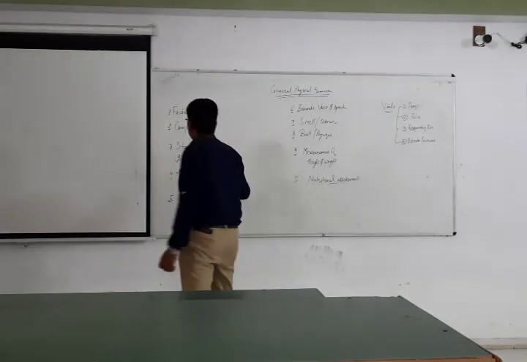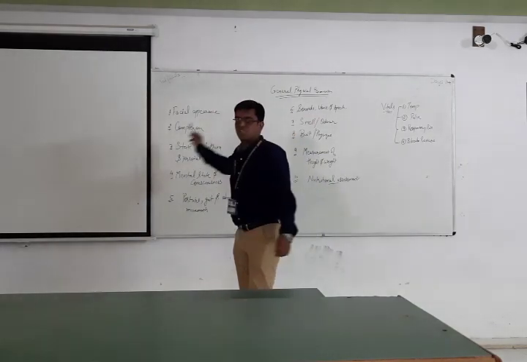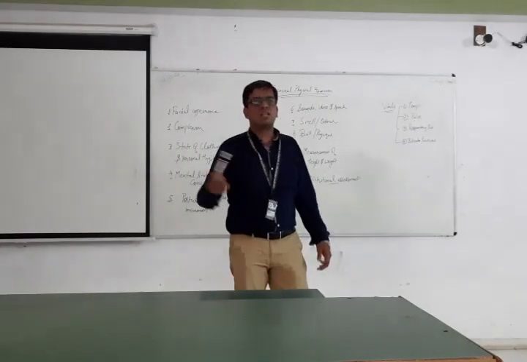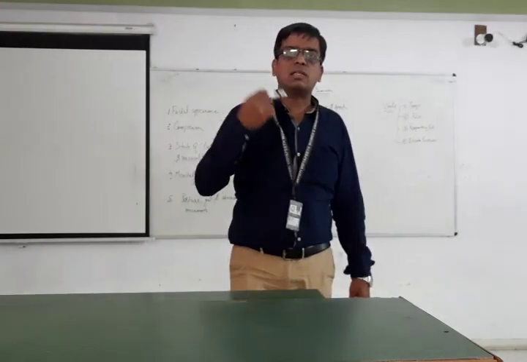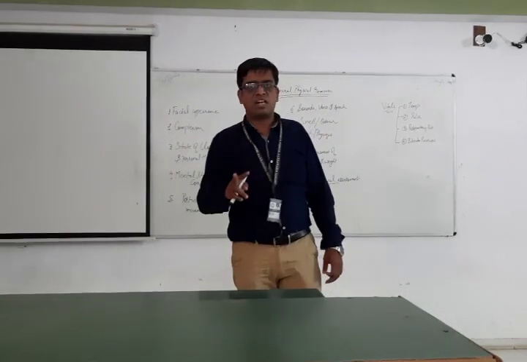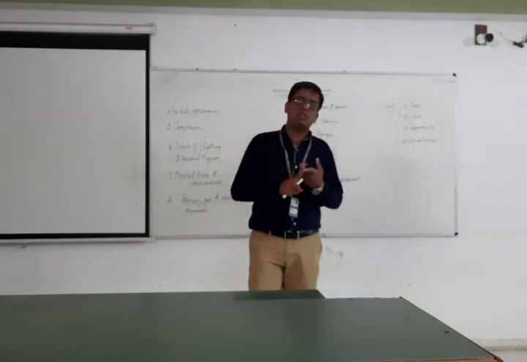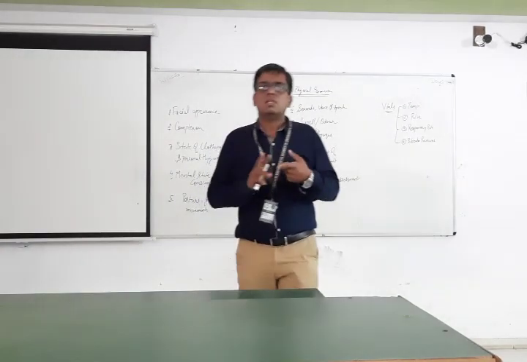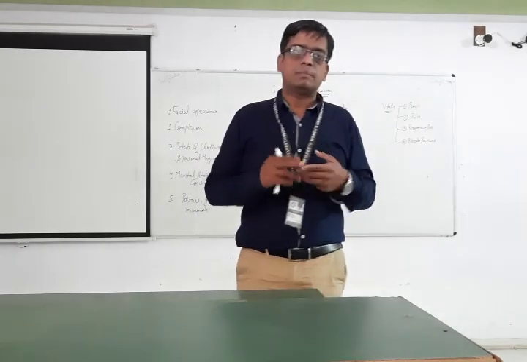The next important thing is the complexion. First of all, you look at the facial appearance and the general appearance of the patient. Then you look at the complexion. There are two major types of complexion: fair and dark. These are the two major complexions that we see in our society.